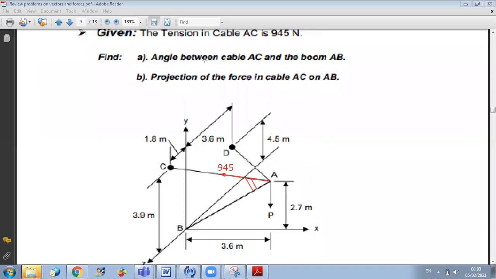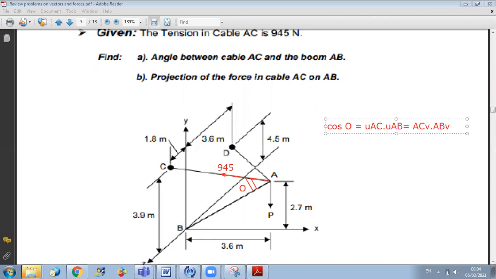So I go back to the definition of the dot product. If this angle I name it theta, then cosine of theta is equal to, I can write it in two ways: the unit vector of AC dot product unit vector of AB, or vector AC dot product vector AB over the magnitude of AC times the magnitude of AB.